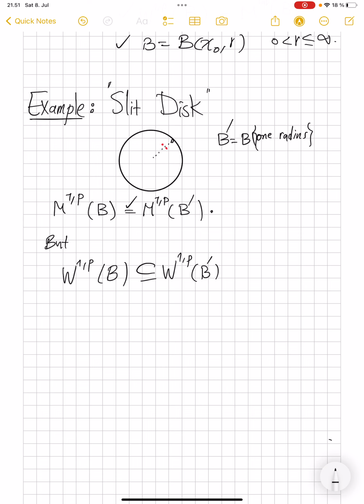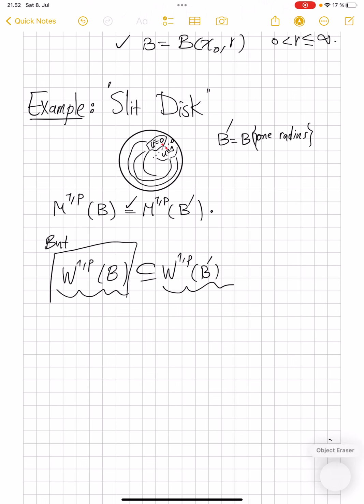And the reasoning is, again, you can have a smooth function that starts with constant 0 in this neighborhood, and then it's equal to 1 on this side, and it can smoothly go from here to here. It belongs to W1P of B, but it does not belong to W1P of B prime because, again, of the absolute continuity on almost every line.